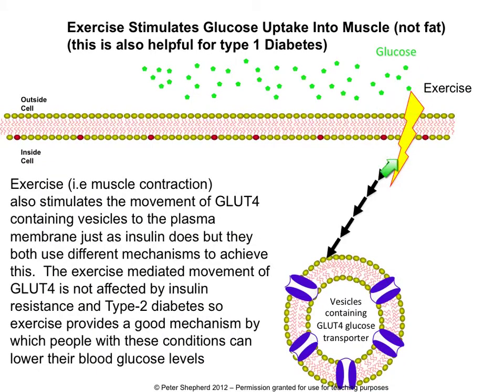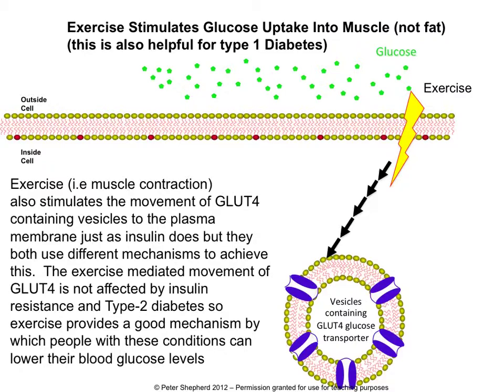What happens is that the process of exercising in itself, even in the absence of insulin, will stimulate a response where these GLUT4 transporter proteins can be transported up to the surface of the cell, and they will be expressed there and upregulated, and they are therefore able to absorb glucose into the muscle cells.